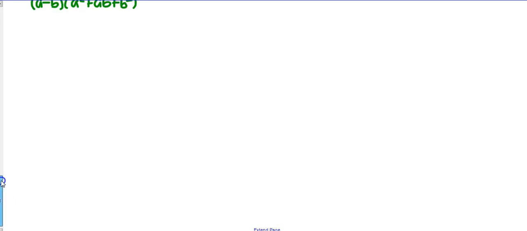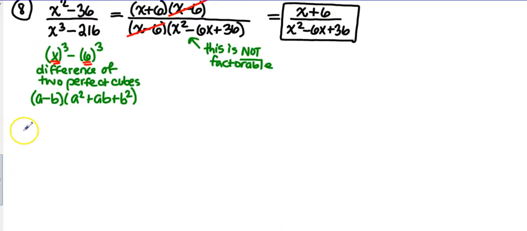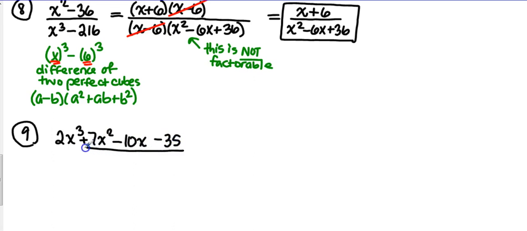Last example for today is number 9. And number 9 says 2x cubed plus 7x squared minus 10x minus 35, all divided by 2x cubed plus 7x squared plus 6x plus 21.